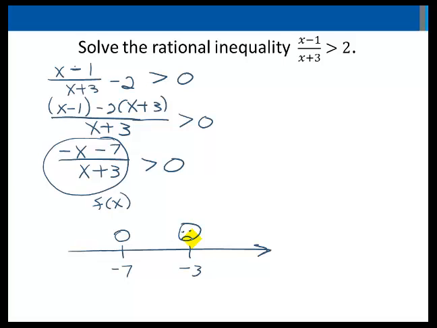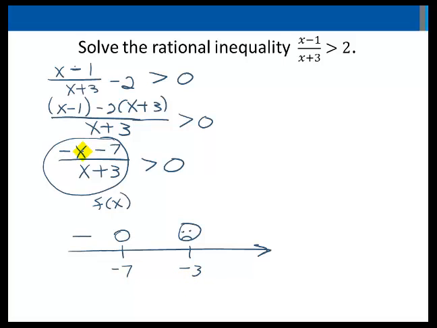Okay, and let's test each interval for f(x). Let's look at a number less than -7, maybe -8. If I plug in -8 into f(x), I'll have the negative of -8. So 8 - 7 would be positive over -8 + 3 would be negative. So we'll have negative values to the left of -7. Between -7 and -3, I could pick a test value of, say, -4.